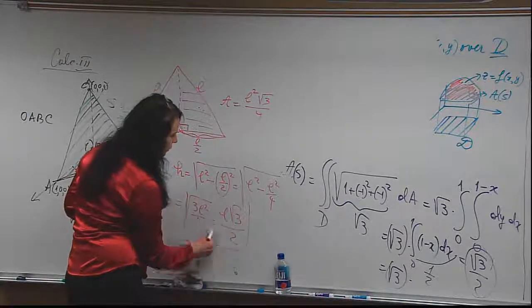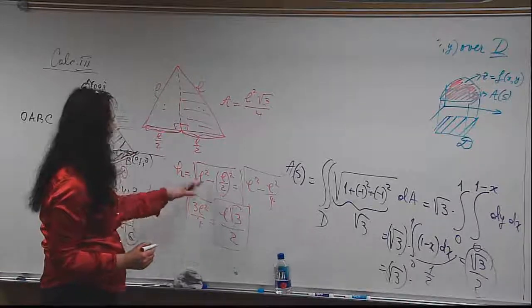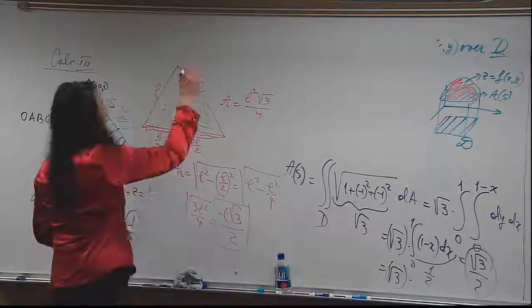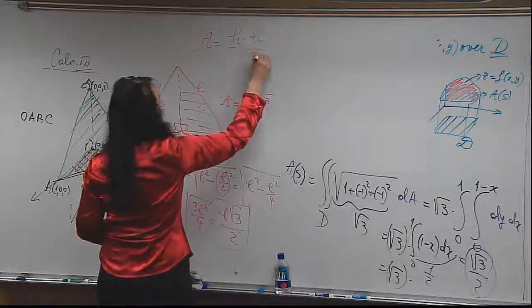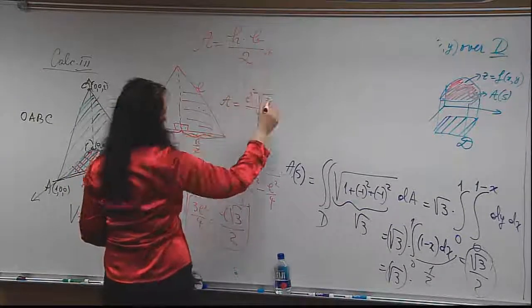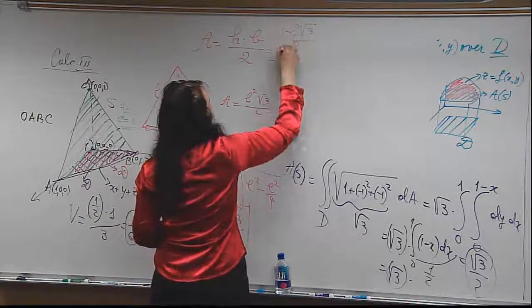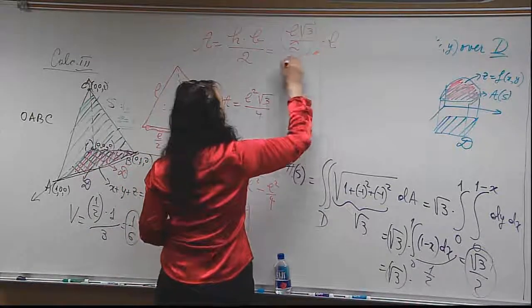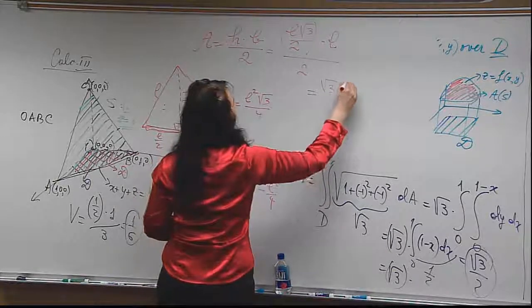L root 3 over 2 is exactly the height. And then the area will be height times the base over 2 for any triangle. So I have the height times the base over 2, which is root 3 L squared over 4.